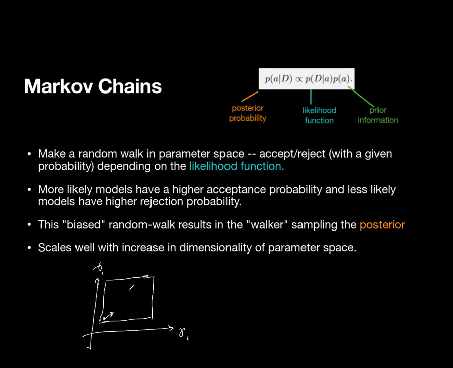So suppose this is the global minimum, your random walk is biased to move towards this region rather than moving in random regions. Once you continue running the iterations for a large number of steps, all the Markov chain walkers end up concentrating in the region around the minimum.